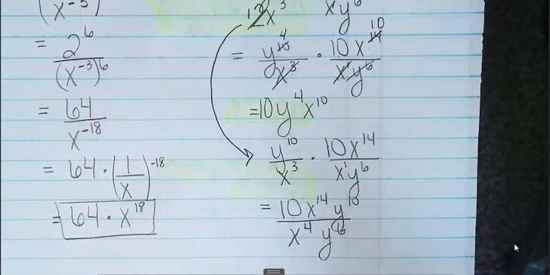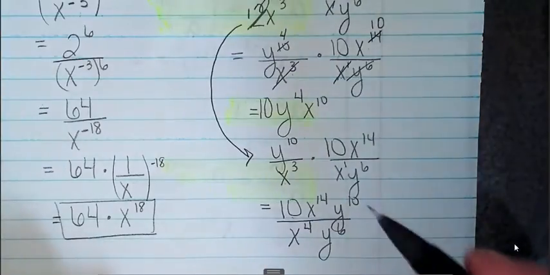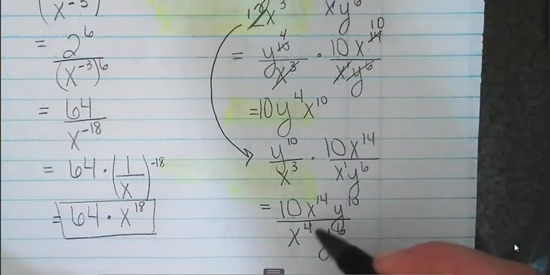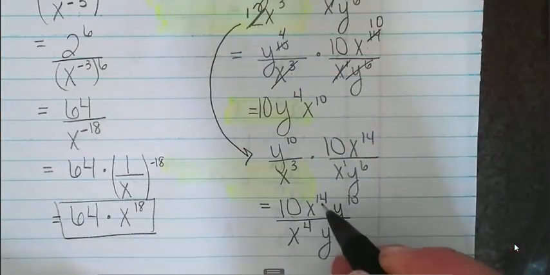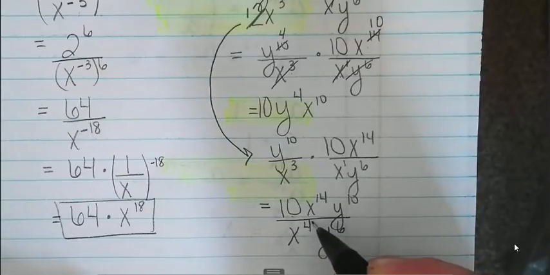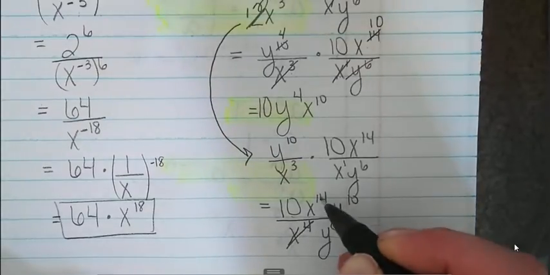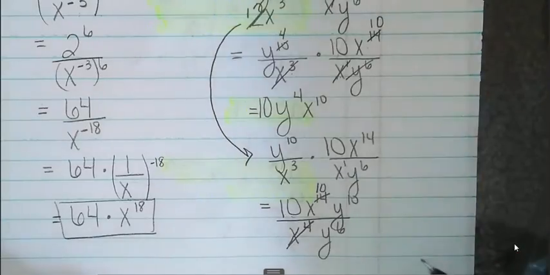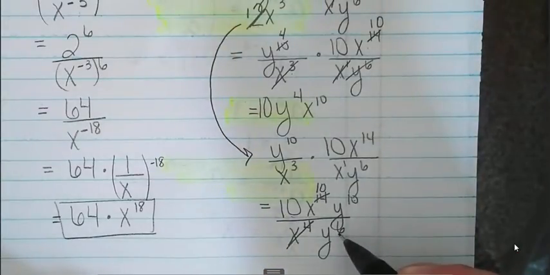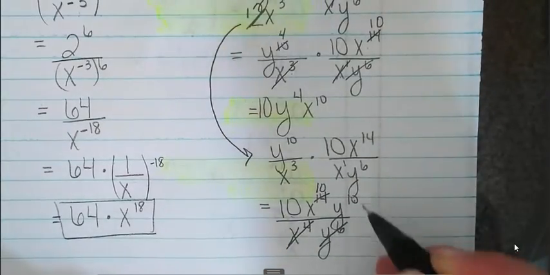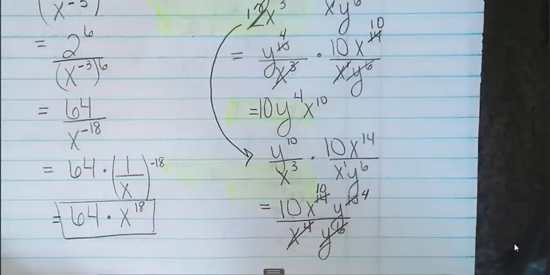Okay, now from here, I can simplify. I see that I have x to the 14th and x to the 4th. Well, I subtract, so I have no more on the bottom. I just have x to the 10th here. And y to the 10th and y to the 6th. Again, subtract, so you're just left with y to the 4th on top.